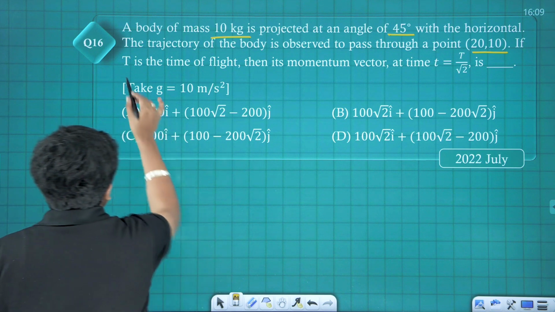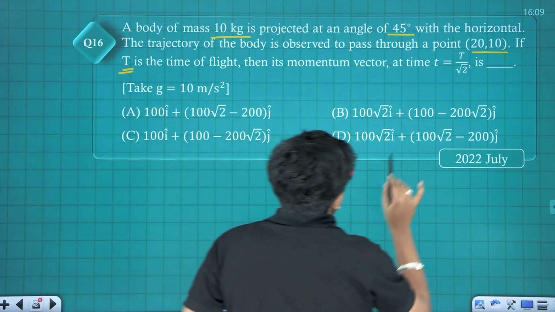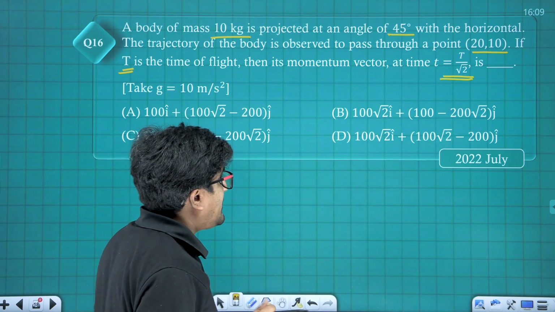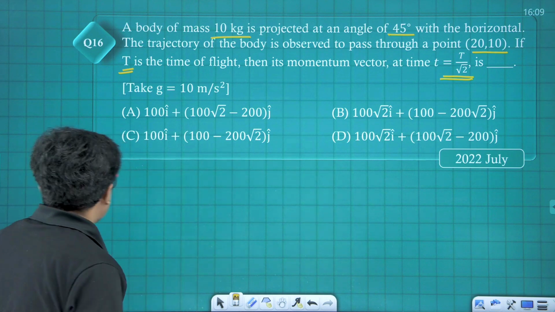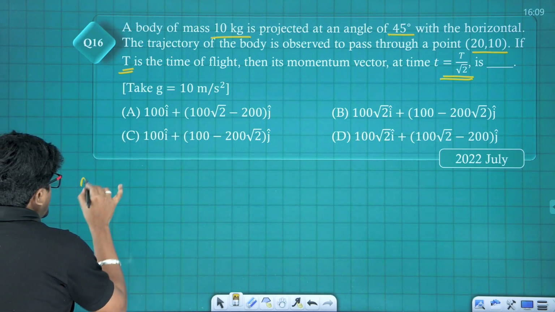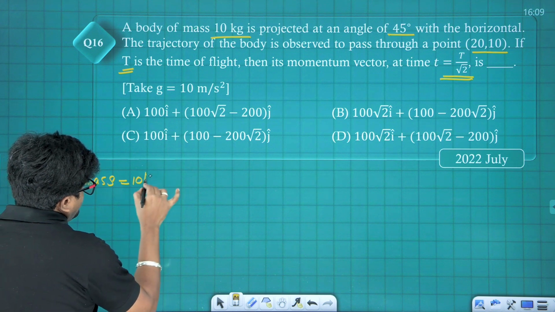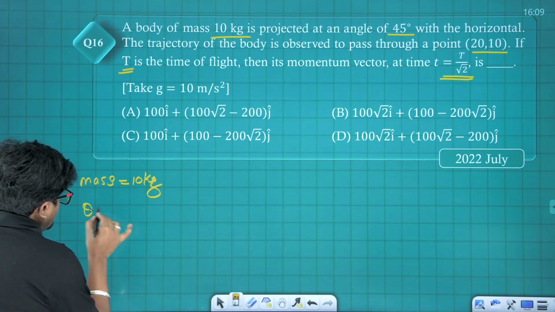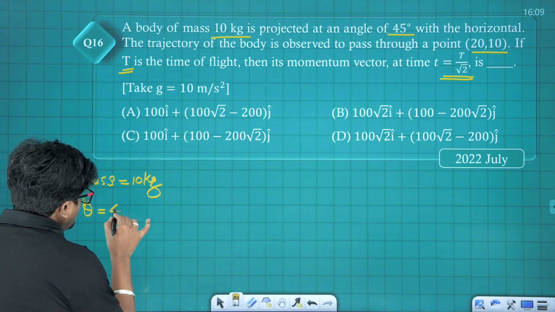If capital T is the time of flight, then the momentum vector at t equal to capital T by root 2 is. That is the question. So here the mass is 10 kg, and angle of projection theta is given as 45 degree.